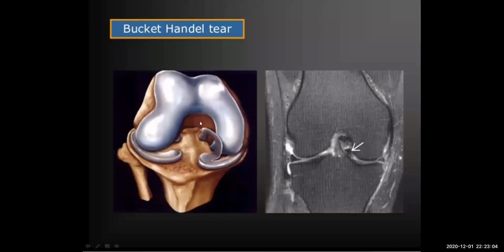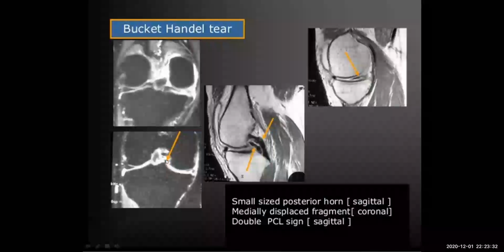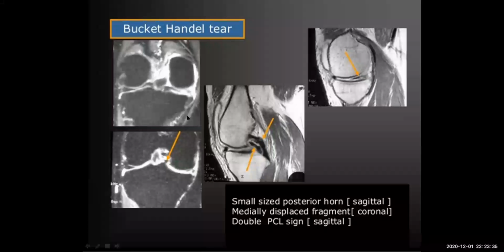Because it is holding at the anterior and posterior parts, it usually goes this way, and the plane is usually parallel to the posterior cruciate. That is why the MRI gives you the double posterior cruciate ligament sign. This is the part I told you is small. If you go in the cuts more posteriorly, you find the triangle, and you always find it detached, flipped inside instead of having this nice layout. And this is what the PCL sign looks like.